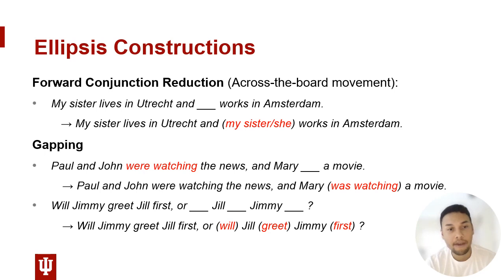Another example of gapping is, will Jimmy greet Jill first or Jill Jimmy? And reconstructed is, will Jimmy greet Jill first or will Jill greet Jimmy first? So here we see that the elided element can be multiple and in different places in the clause.